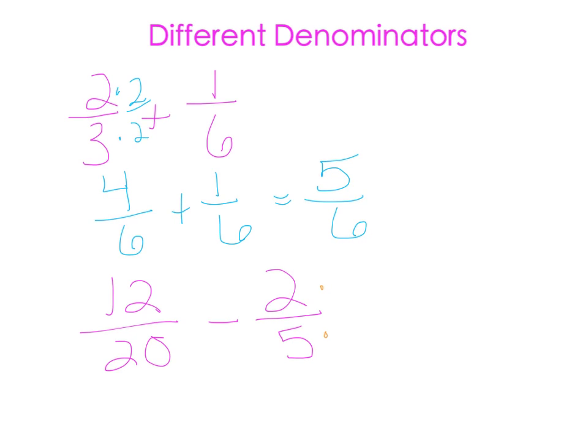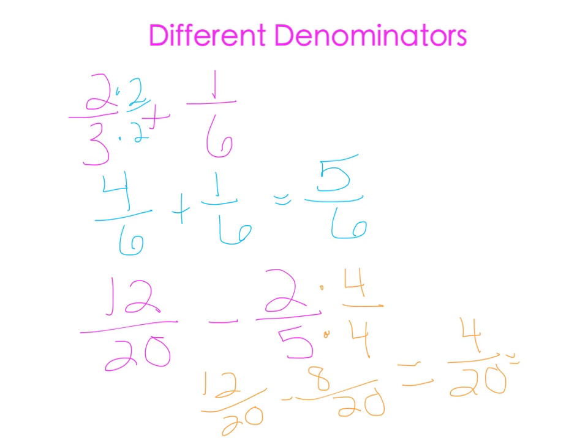I can multiply this 2/5 by 4 over 4, which will give me 8/20, which is an equivalent fraction of 2/5. So I'm going to do 12/20 minus 8/20. So 12 minus 8 gives me 4/20. And you could write this in simplest form. You could divide the numerator and the denominator both by 2 and get 2/10.